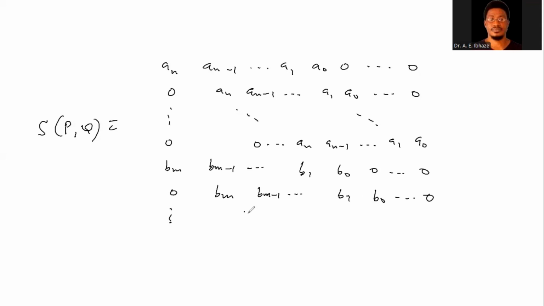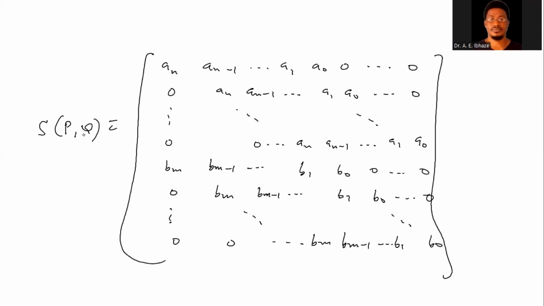So this continues all the way to 0, 0, then b_(m-1), b1, then b0.